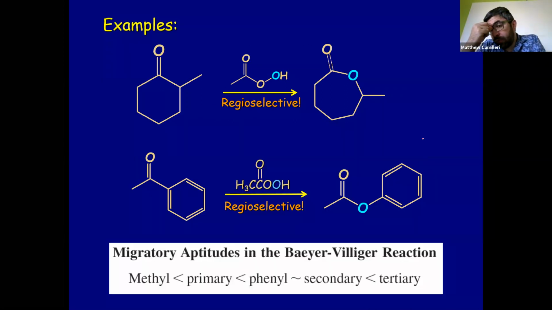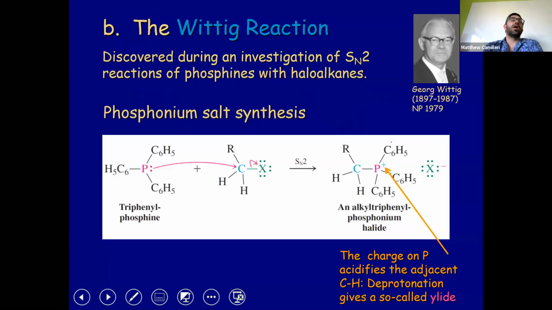Now, one of the preparations of alkenes is the Wittig reaction, and the Wittig reaction is a very powerful reaction. The Wittig reaction uses phosphonium salts, okay? And first you need to prepare the phosphonium salt.